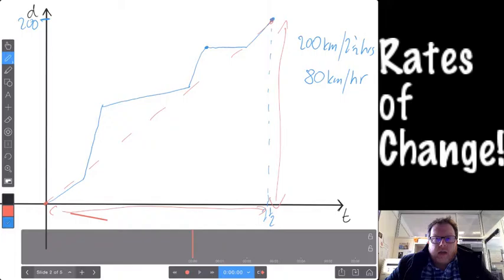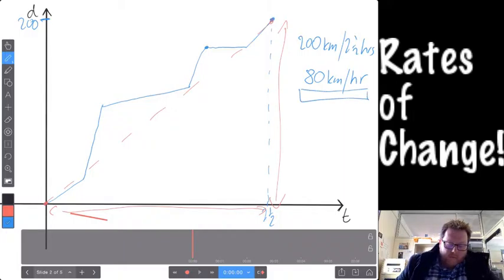So this speed would represent an average speed, right? Because it means that from here up to here, if I travelled at 80 kilometres per hour for the whole time, it would take me 2.5 hours to get there.